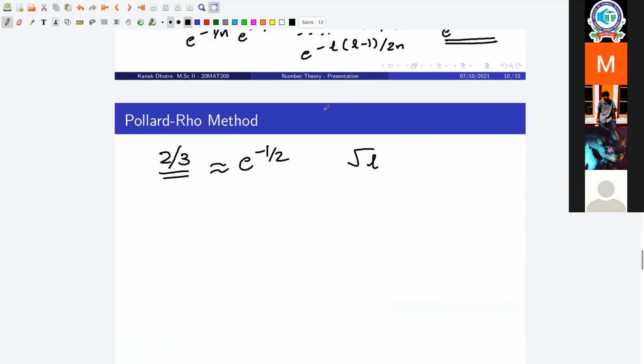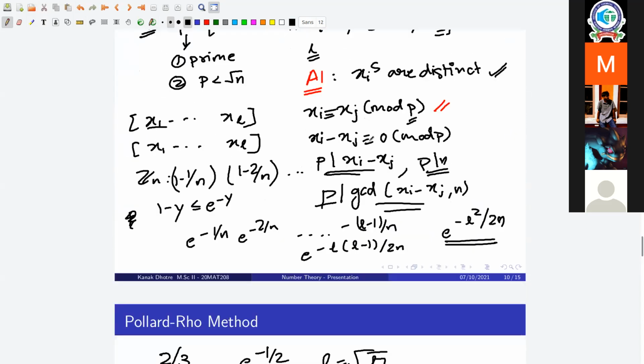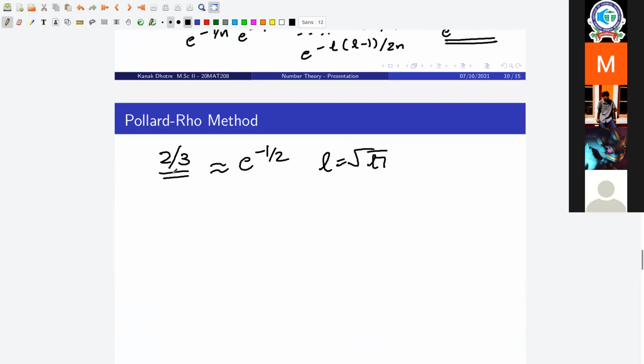So, like we saw, it's enough to choose this L as root of n. Now we've tackled both of these problems. But again, here what I said was you could consider the difference everywhere where the index is not equal. So now we're picking pairwise, right?